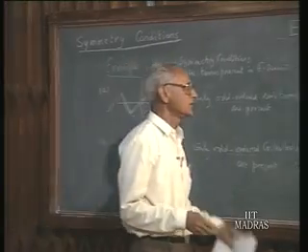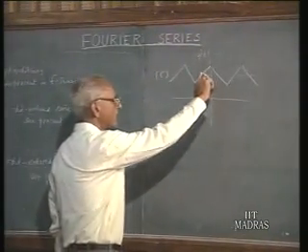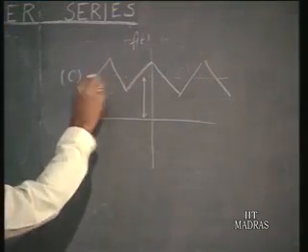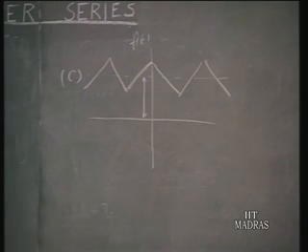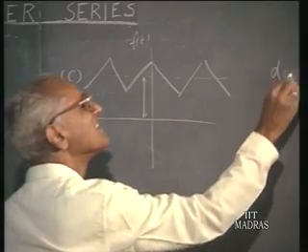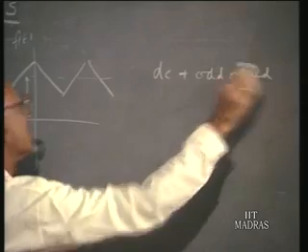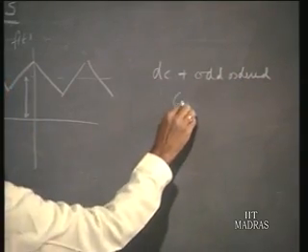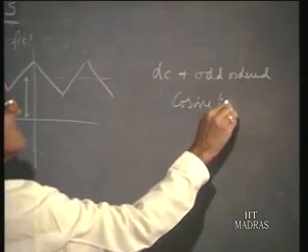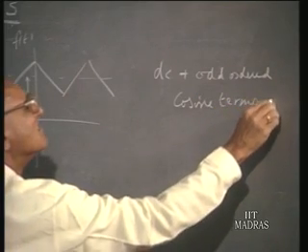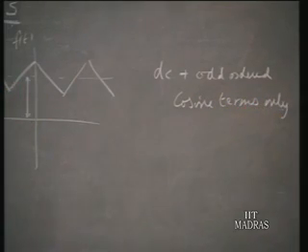Therefore we have DC plus odd ordered cosine terms only present.